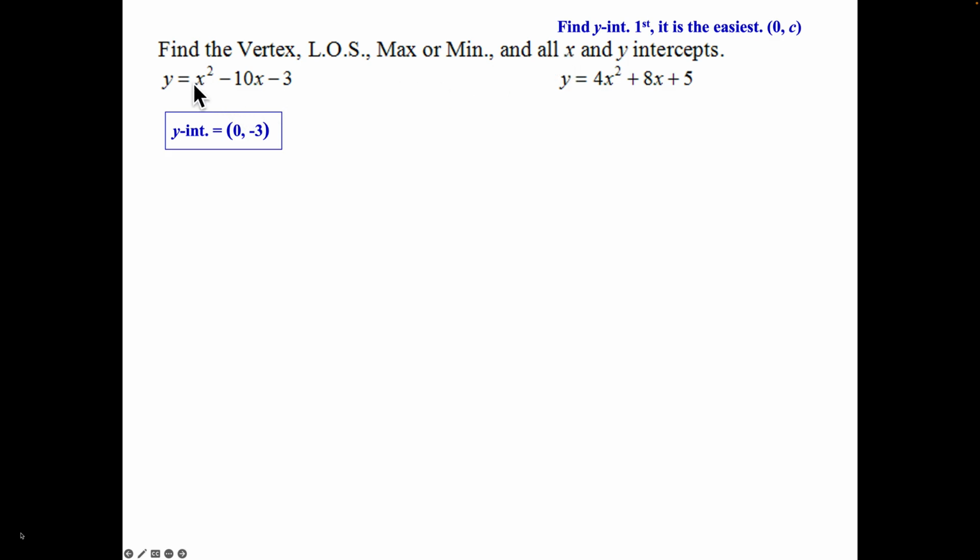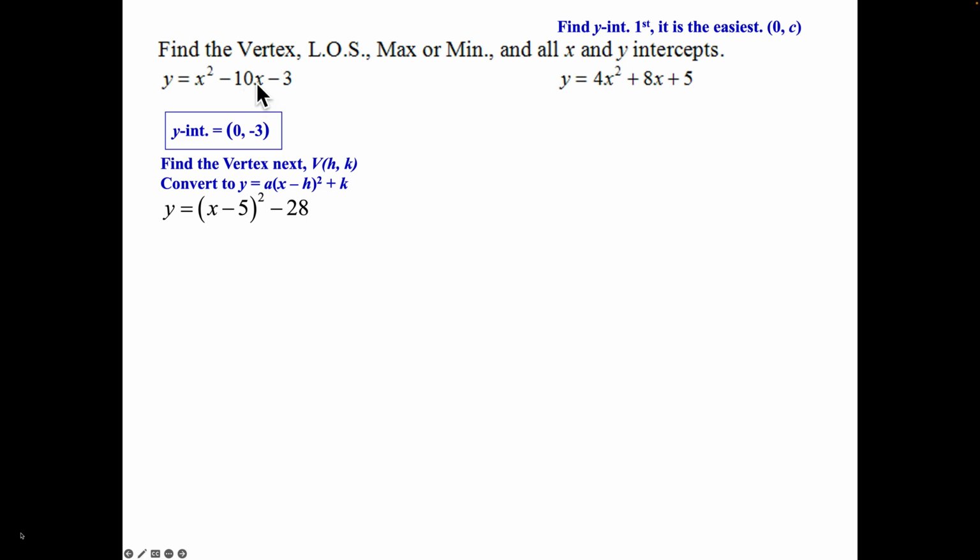Now because this has a 1 in front of your x squared, the quickest and easiest way would be to find the vertex by completing the square. All right, so we're going to turn this into this. My vertex form of this is going to be y equals (x minus 5) squared minus 28. Well, how did you do that so fast?